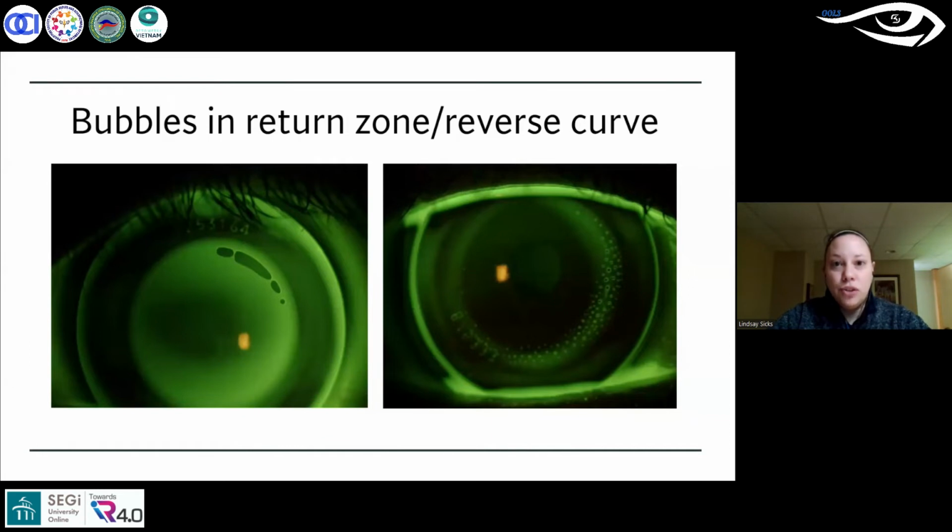You might not get enough treatment. And so in these cases, I tend to have the patient take the lens off and then we put it back on and see if the problem goes away or not. Because again, sometimes it's just the solution making weird things happen in that return zone or reverse curve.